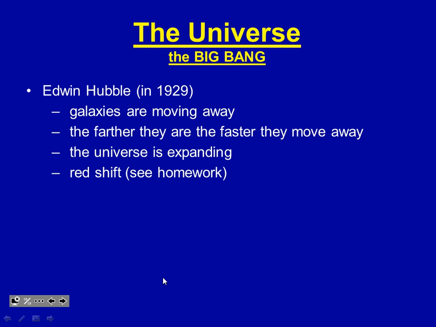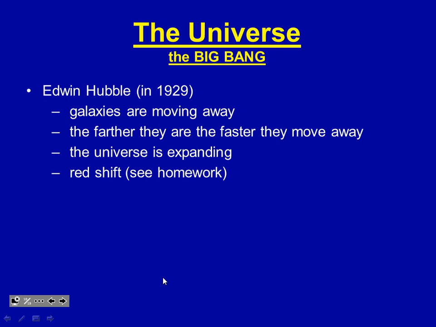But because this galaxy, try to do a barred galaxy here, because this galaxy is moving away as it produces the light, the wave gets stretched out because it's moving away from us.